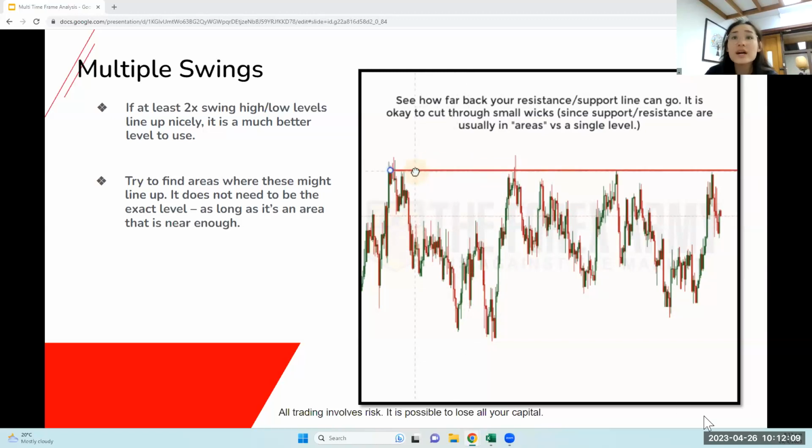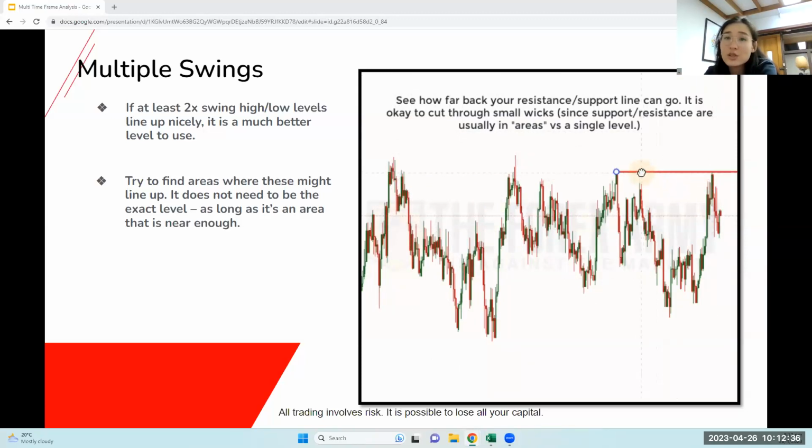So that's why, as you can see from the GIF that I've included here, it's good practice to see how far the resistance or support level can go. It's okay to cut through small wicks since these are typically areas that we're looking for instead of specific lines or specific levels, as you can see in the GIF.